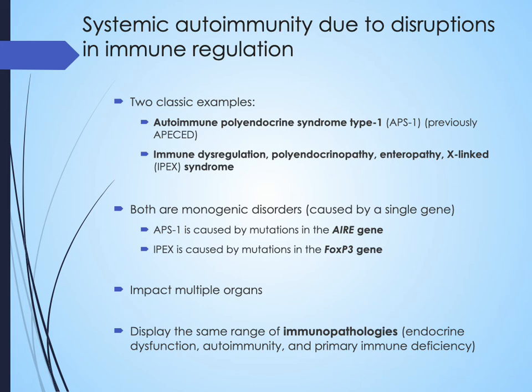If we look at type 1 diabetes, there may be some individuals that develop type 1 diabetes because of a genetic mutation to their AIRE gene or a genetic mutation to the FOXP3 gene. But that's not going to explain 100% of the individuals with type 1 diabetes.